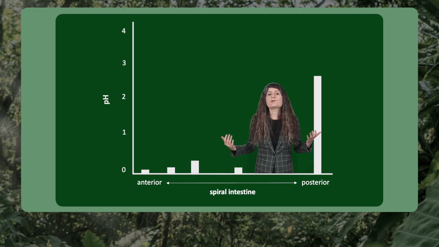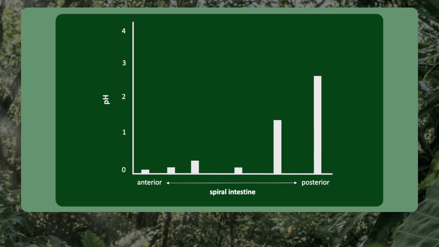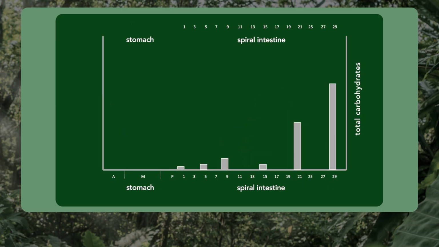At the same time, the resources available also change across the spiral valve. Here's a plot with distance along the alimentary canal from the stomach to the anus on the x-axis. On the y-axis, you're going to see the carbohydrate concentration. The stomach has very few available carbohydrates, but as soon as you enter the spiral intestine, carbs increase as you move closer to the anus of the shark.